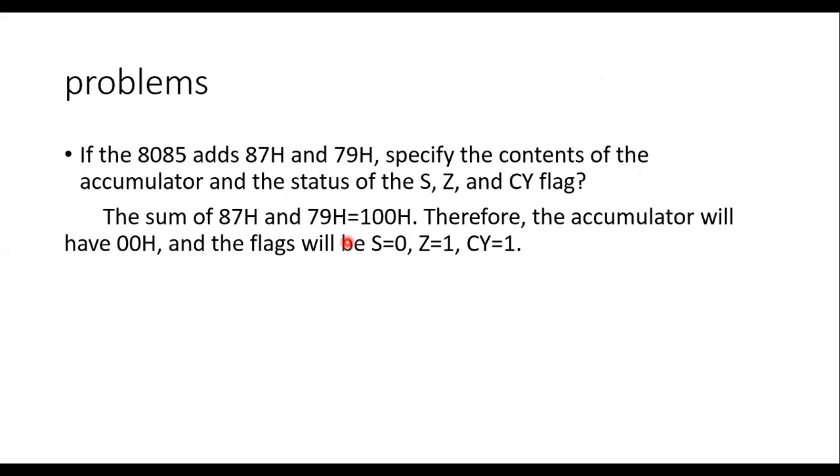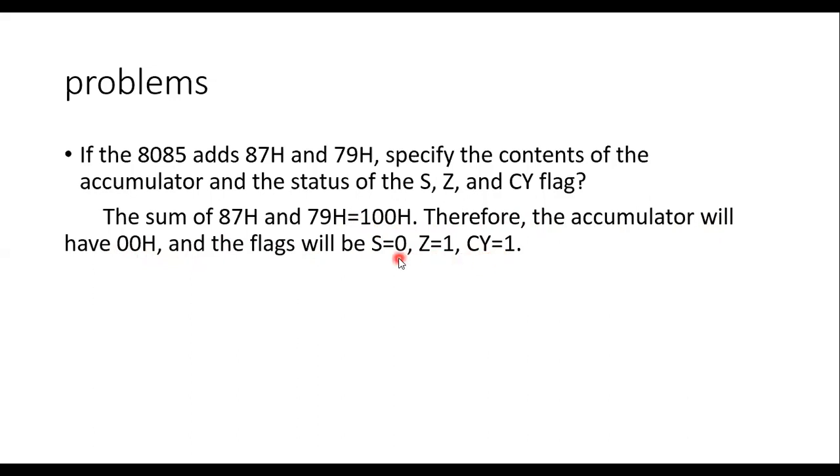Now you sum 87 and 79. Okay. So this is the hexadecimal addition. Already you know how to perform the hexadecimal addition. The result becomes 100 in hexadecimal. Right. Therefore, this is the carry. Therefore, the accumulator will have 00, and the carry is 1, and the carry flag is set to 1.